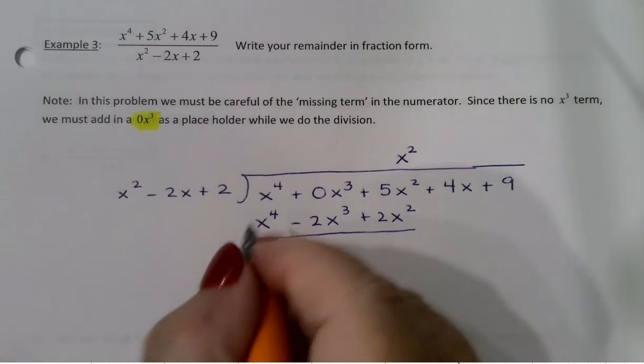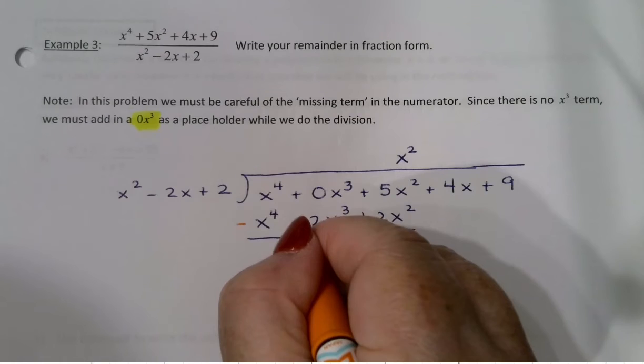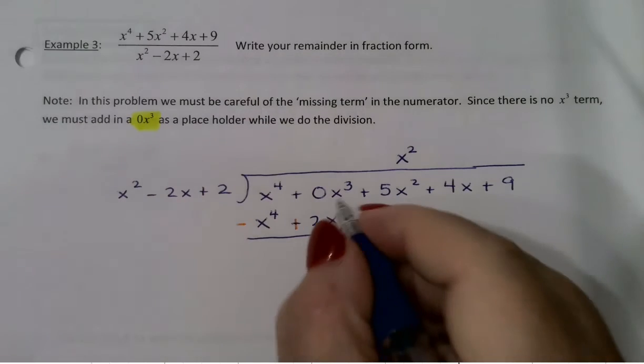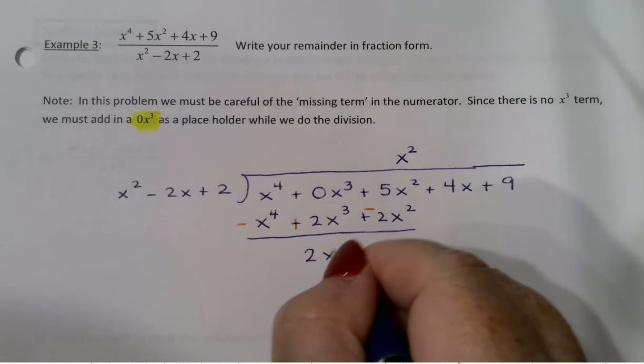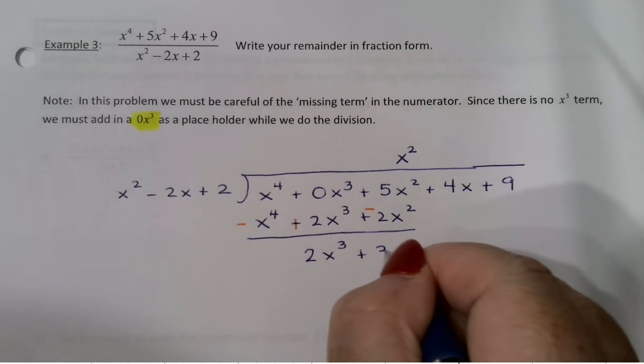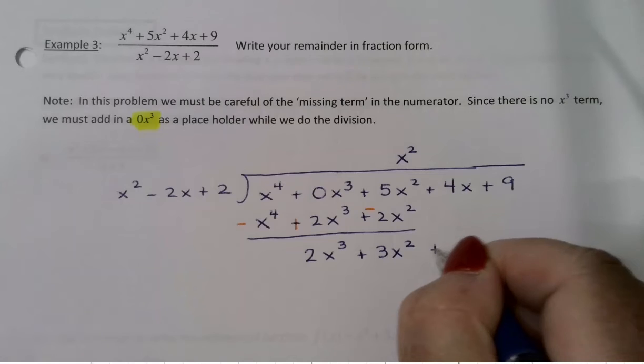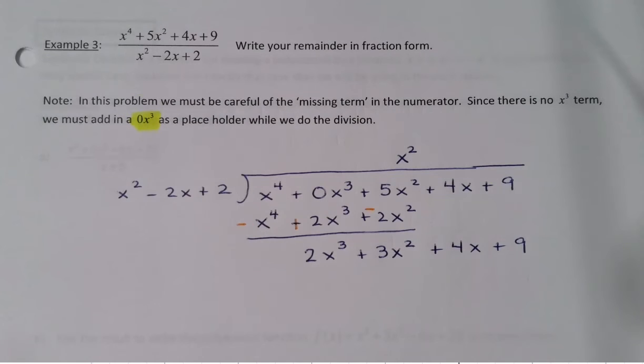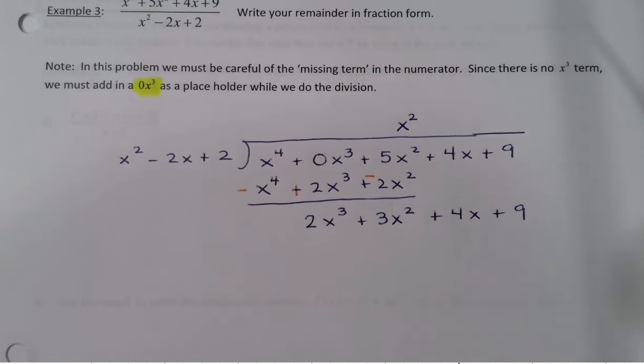All right, I'm subtracting, so minus, plus, minus. And I get 2x cubed plus 3x squared, and then I'll bring down the 4x and the 9 as well.